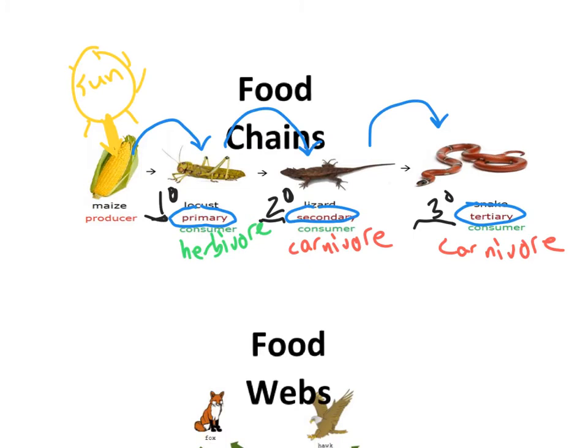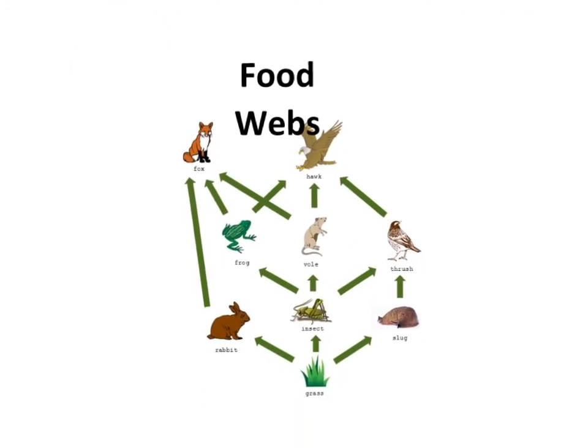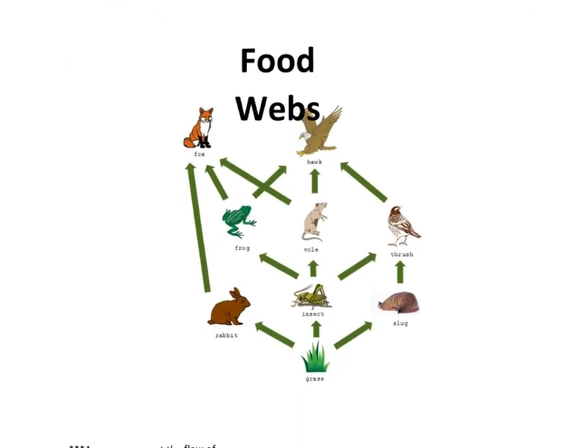Okay, and looking not just at the chain of energy, but at how that energy stacks up in a system where organisms are eating one another, we look at something a bit more complicated called a food web. You'll look at this example here, and you'll see that the rabbit eats the grass.